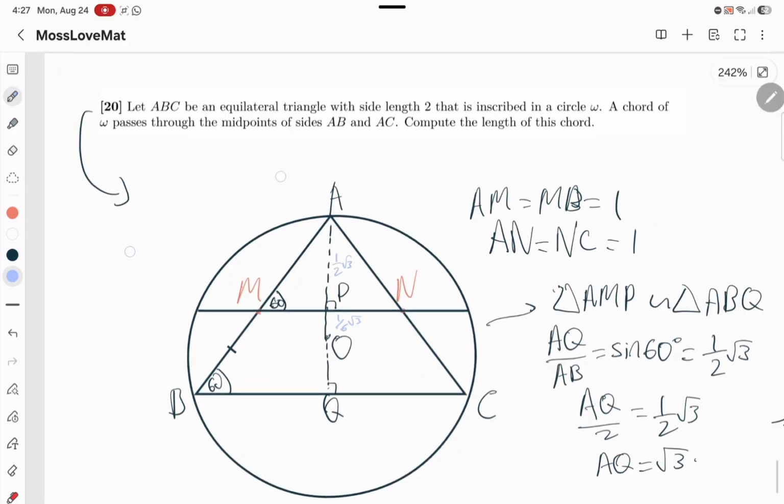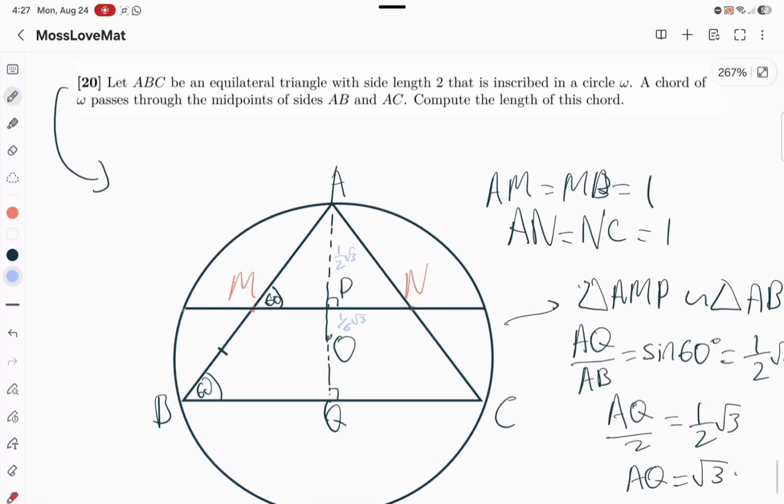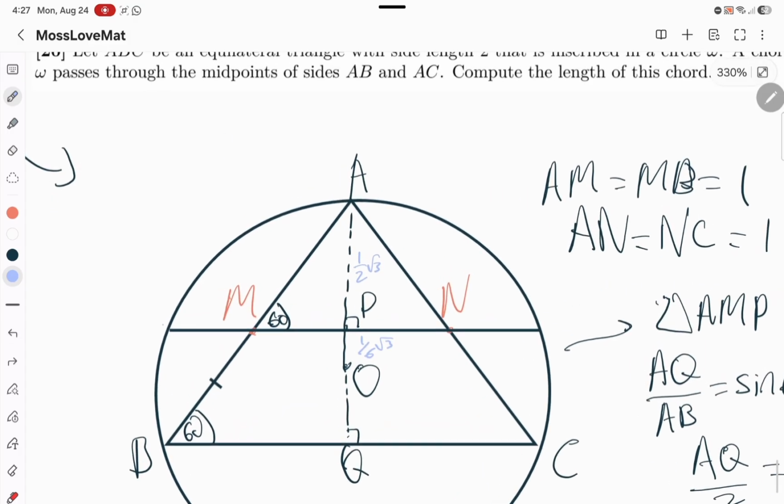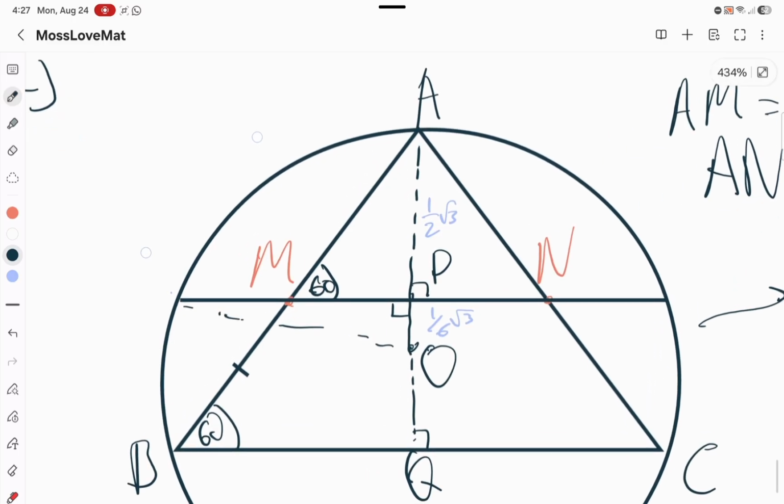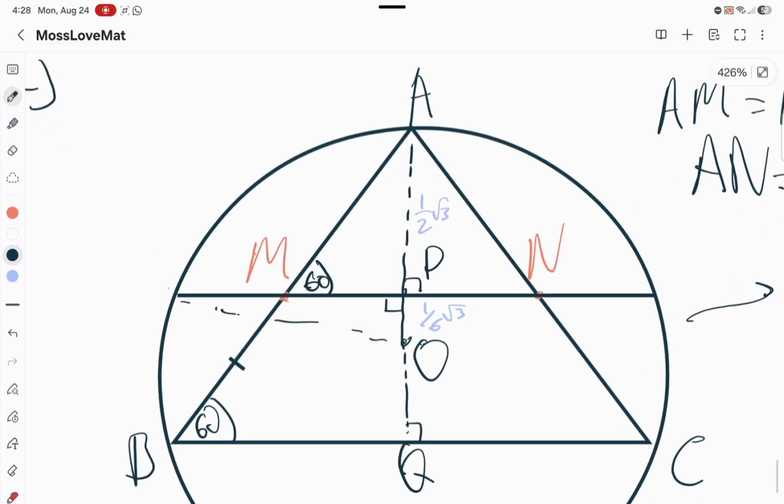For now, if we want to compute this chord, we can draw an imaginary line again. We also notice that this is perpendicular between AQ and the chord, and we notice that this is a radius, right?